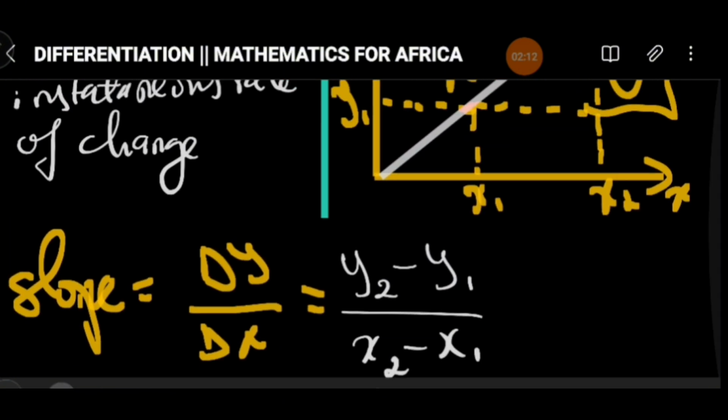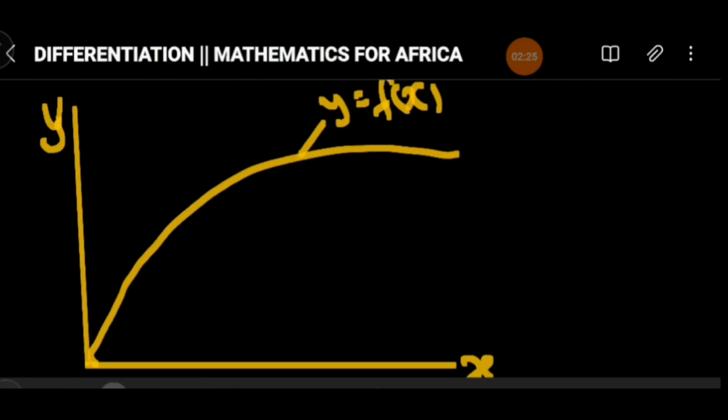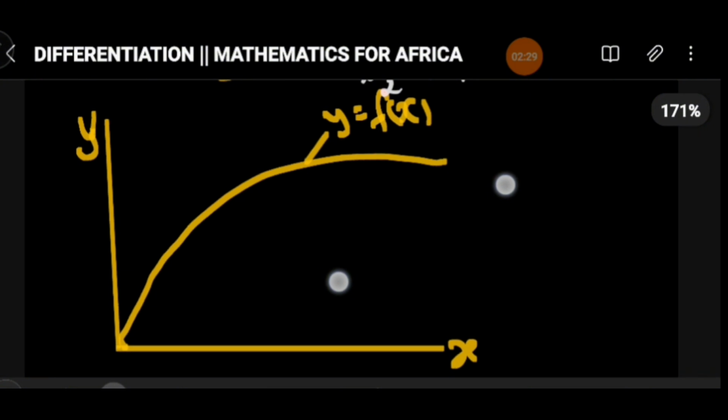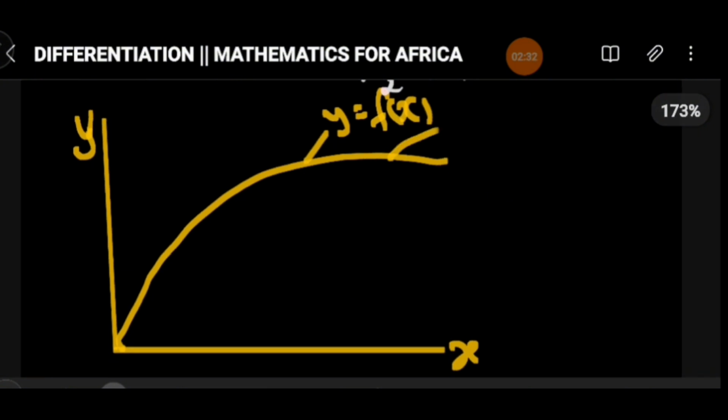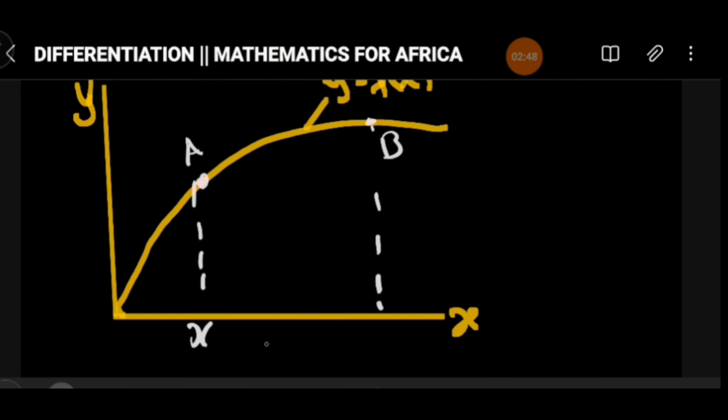Now when we talk of derivatives or differentiation, we are given a curve like the one you are seeing here, the curve y equals f of x. Again, you can still find the change. Let us consider 2 points on this curve, a point B and a point A. Let this point have x coordinate x, and the other point have x coordinate x plus h, that is, we add h.